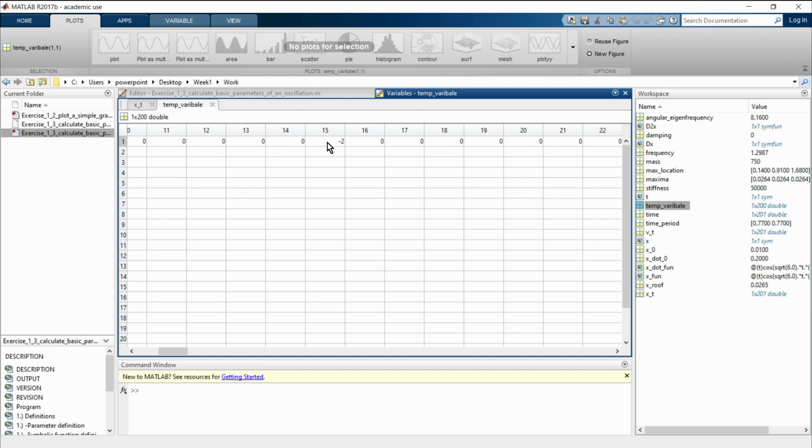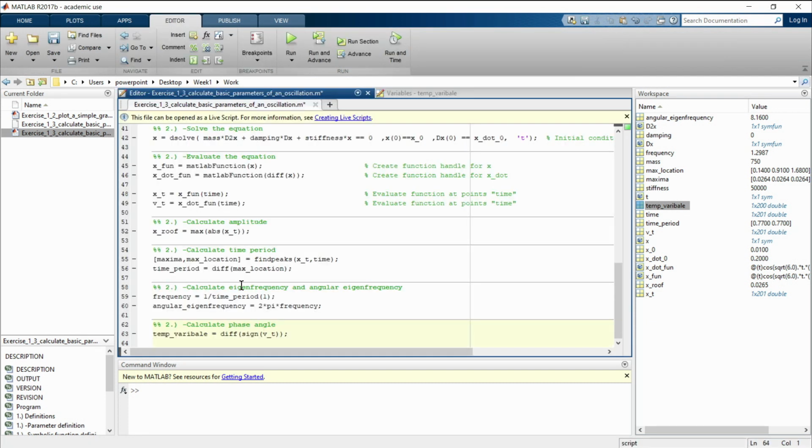And here you can see that it's a non-zero value, and that means both elements have to have another sign. And there you can see that there is some zero crossing going on. And in order to find these points in the temp variable, you can use the function find, which will give you the indices of non-zero elements of a vector.